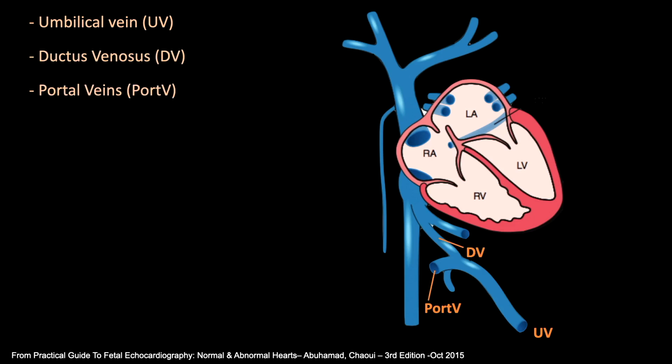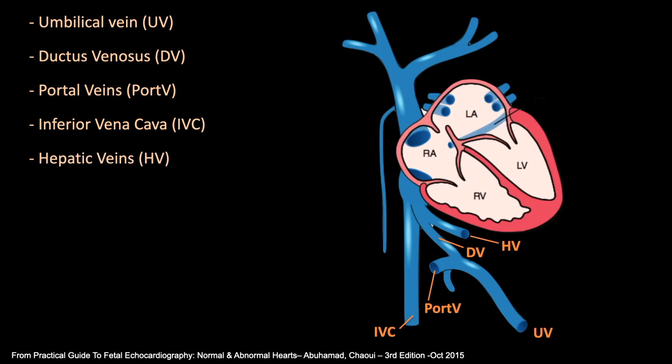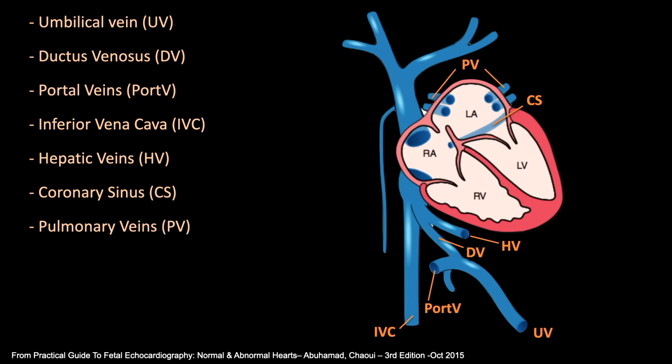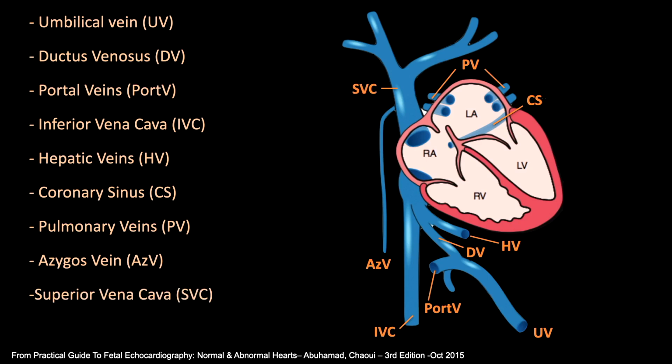This is the portal venous system coming off the umbilical vein. The IVC, returning blood to the heart. The hepatic veins. Coronary sinus, draining the heart itself. The four pulmonary veins. The azygous vein that Elena showed you in the prior presentation, the superior vena cava, and the left brachiocephalic vein. So that's the anatomy of the systemic venous system, putting it in one plane.